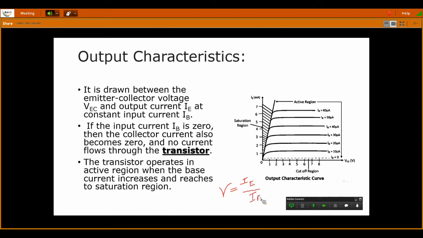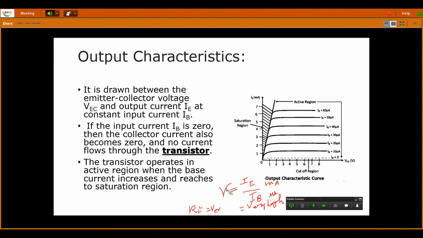As I compare emitter current and base current, the base current is in microamps and the emitter current is in milliamps, hence the amplification factor is very high compared to all the three configurations. So the current gain is high in the common collector configuration, as well as the input resistance is also very high.